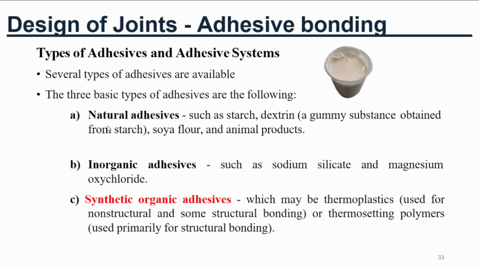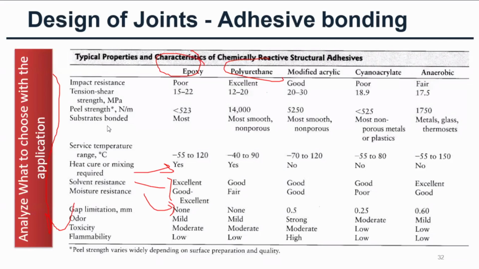This thermosetting adhesive is a strong permanent bond when cured. Okay, used for structural bonding. So actually we can get thermosetting adhesive as epoxy, phenolic. Okay, likewise, and also this one, polyethylene.